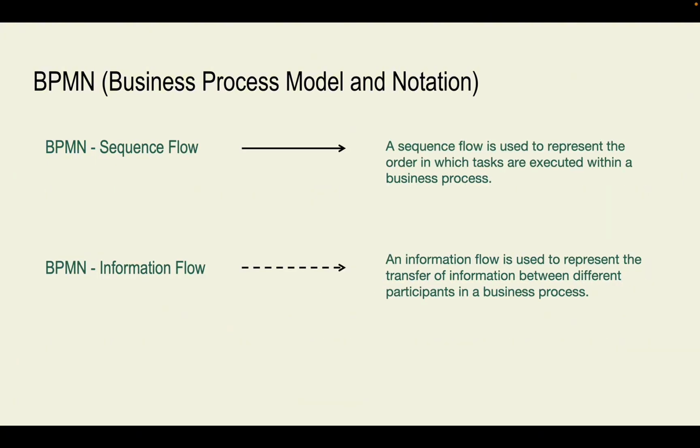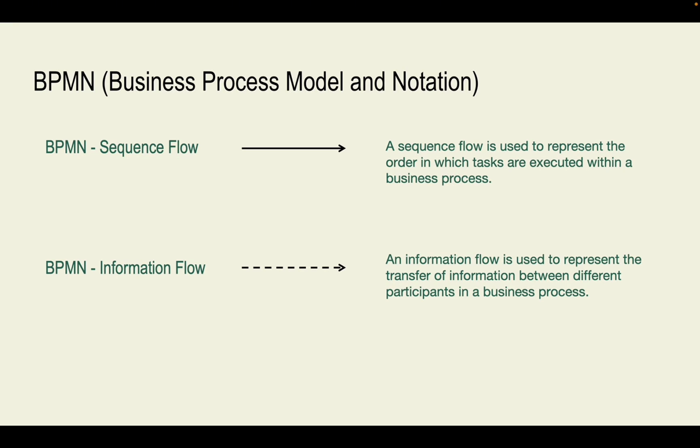A sequence flow is used to represent the order in which tasks are executed within a business process. An information flow is used to represent the transfer of information between different participants in a business process.